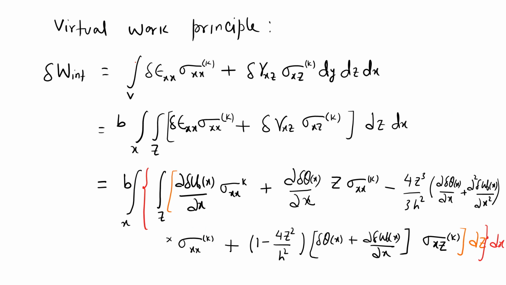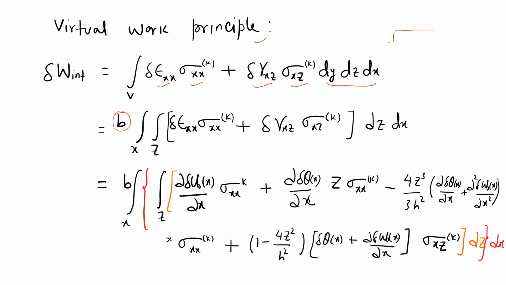Now we know the virtual work principle: the internal work done is the variation of the strain times the stresses. So it is the variation of the strain into sigma xx plus the shear strain part into sigma xz, integrated over the whole domain. Now if we integrate along the y-axis, we get the width of the beam as b.